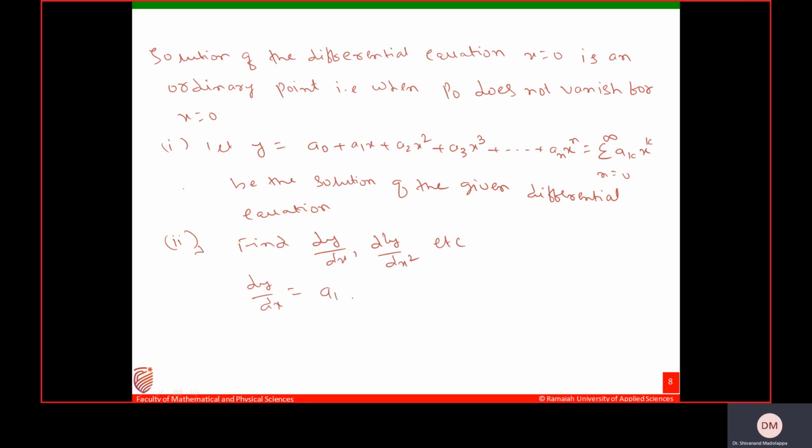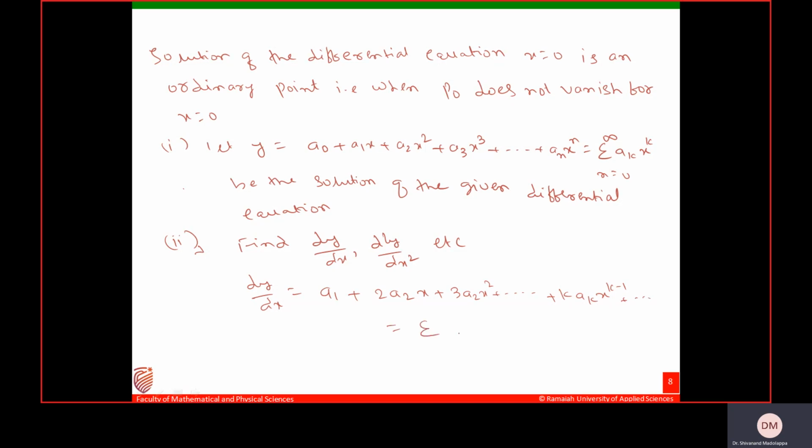This gives a1 plus 2 a2 x plus 3 a3 x square plus and so on, up to k ak x to the power of k minus 1, and so on.